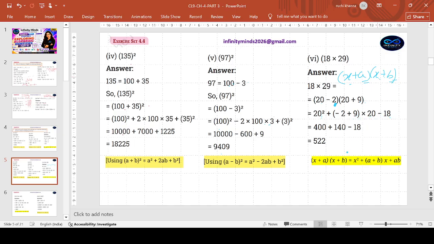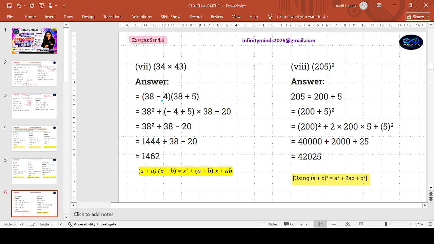Okay, x plus a into x plus b is your x square plus a plus b x plus ab. So the repeating number square will come. The other two, a and b, will be added and multiplied with the value of x, to be added to the product. So plus 7 into 20, that's 140. 400 plus 140 minus 18. Okay.